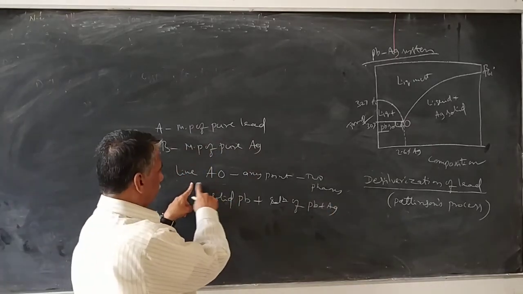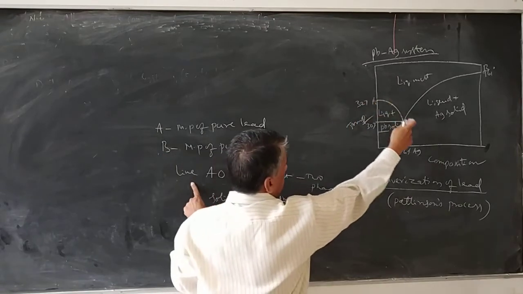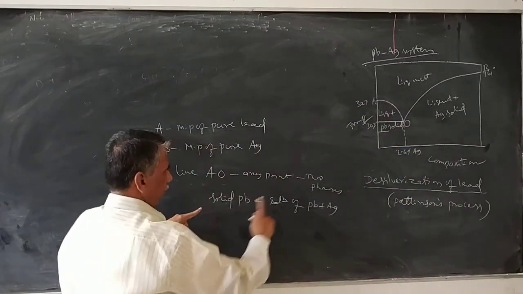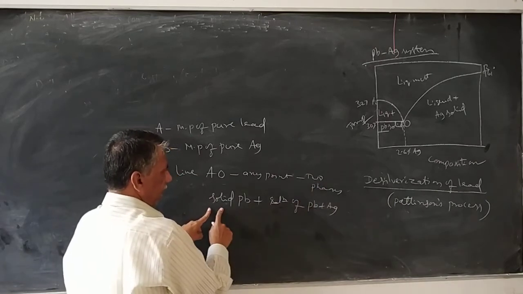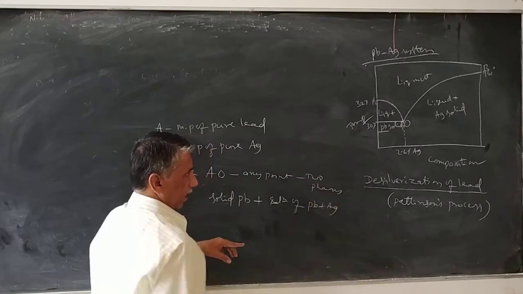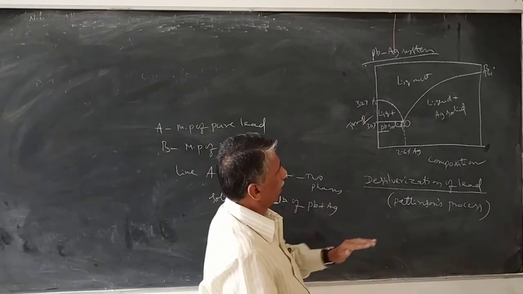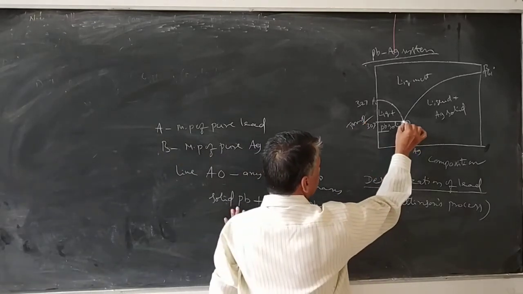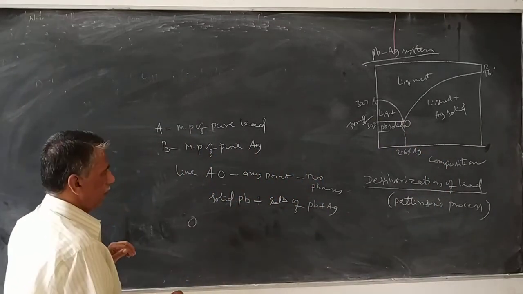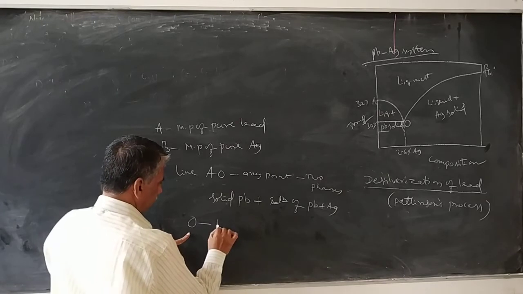Along the line AO, you take any point here, that consists of two phases. One is the solid lead and one is the solution of silver in lead. Okay. Now, if you reach point O, at this point O, there are three phases.